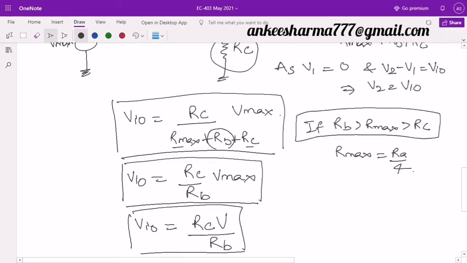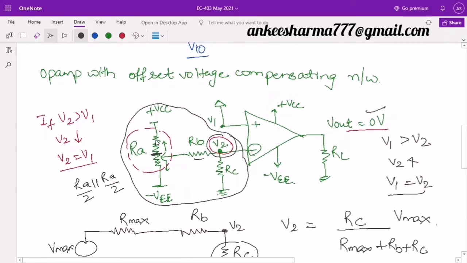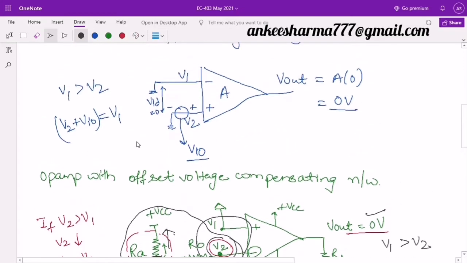If you shift this value towards the positive side, then definitely the VIO will change to the positive side, and if you shift it to the negative side, it will change to the negative. Through that we will make this voltage V2 either positive or negative, or you can simply make this total voltage, that is V1 minus V2, equal to 0. So this is one way of compensating for the input offset voltage.